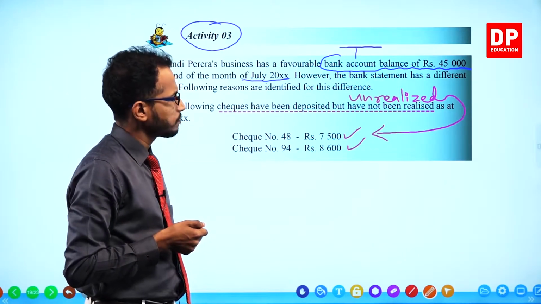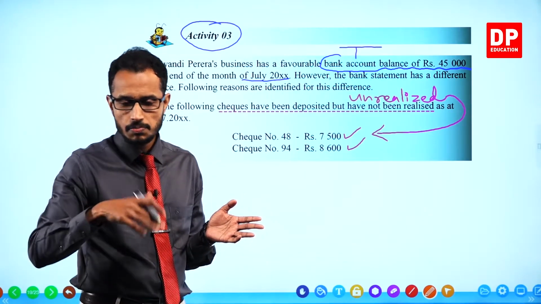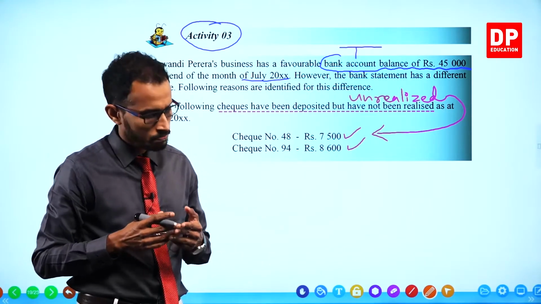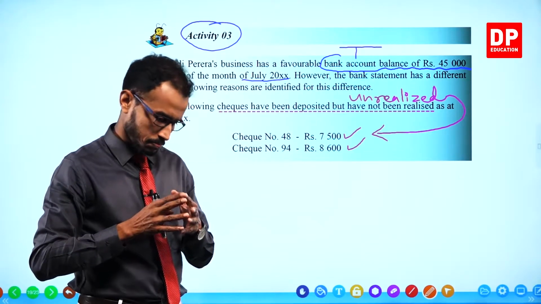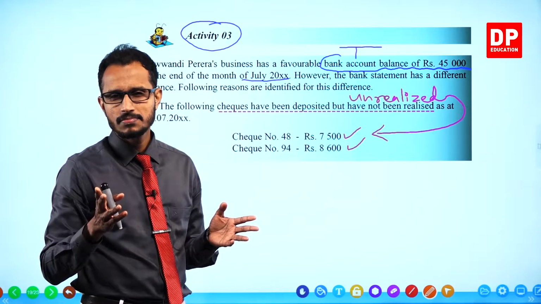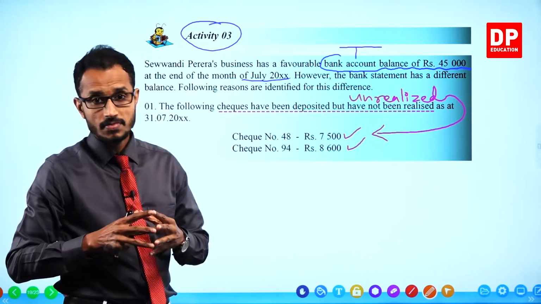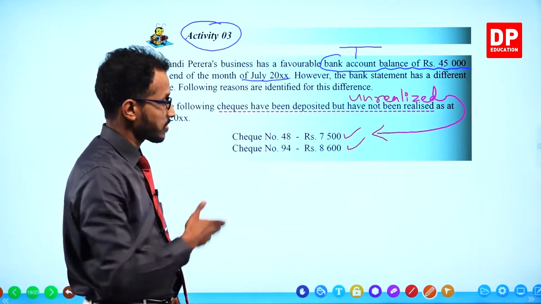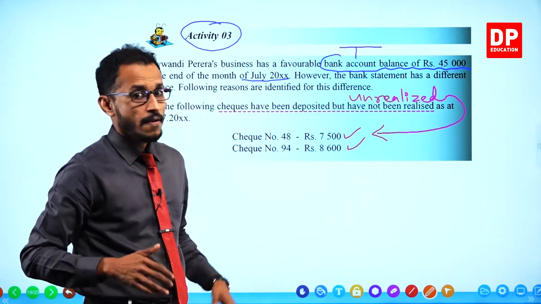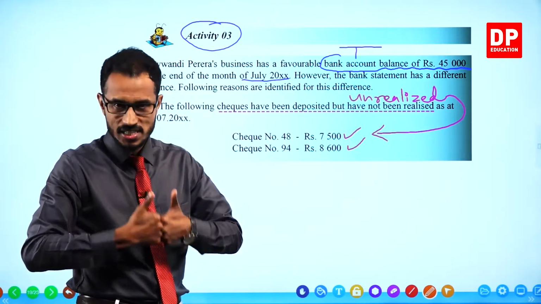In the updated bank book or in the next part, the bank reconciliation statement? I told you this several times. Unrealized checks and unpresented checks go to the bank reconciliation statement.